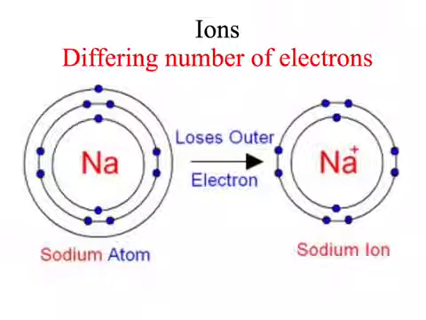Now, very similar to isotopes, we have ions, and we're going to work with some ions in biology class. But with ions, the difference here is the number of electrons. Now, you have some positive ions, which are called cations, and some negative ions, which are called anions. But we'll talk more about that when they come up more. But it is still the same element.